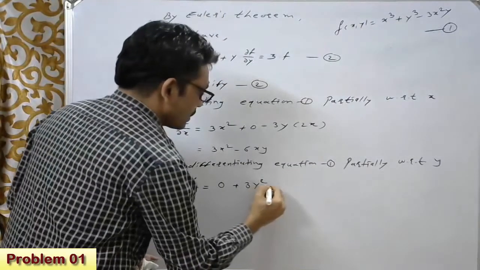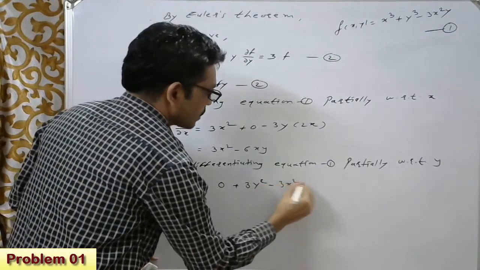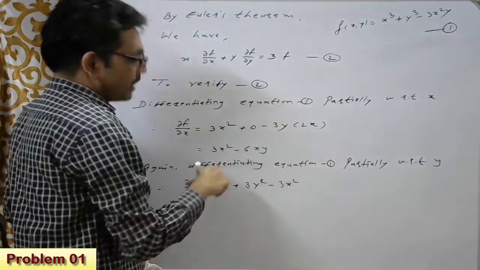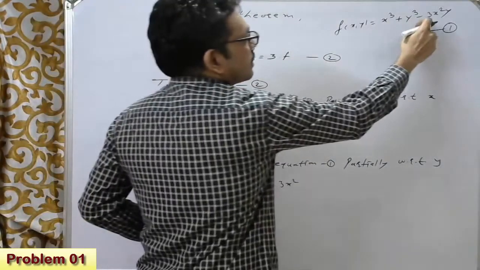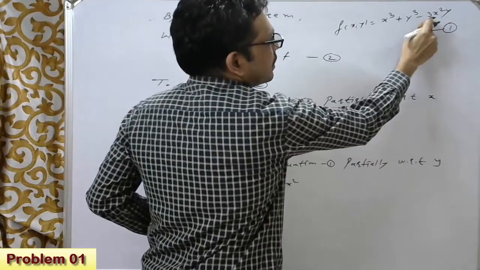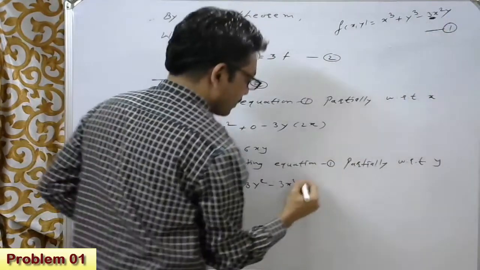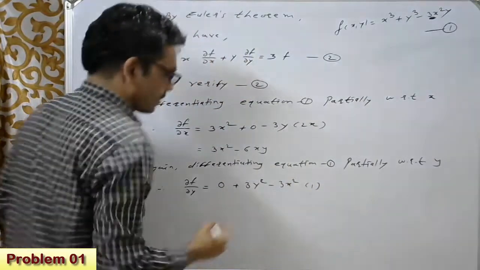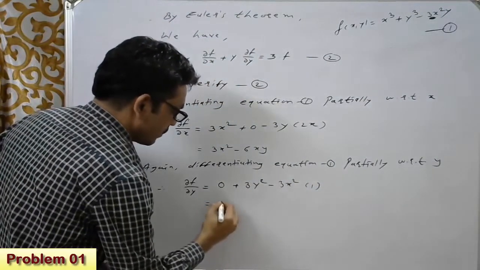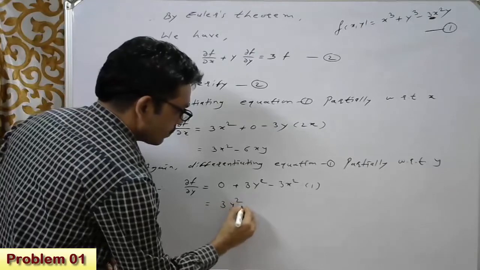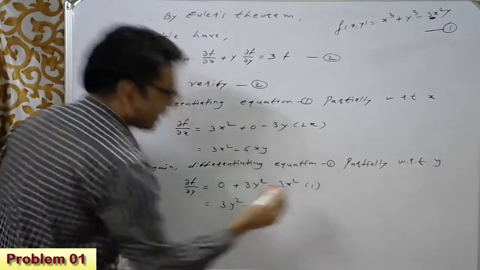Minus 3x square is a constant, treating x as constant, and the derivative of y is 1. Therefore, which is equal to 3y square minus 3x square.